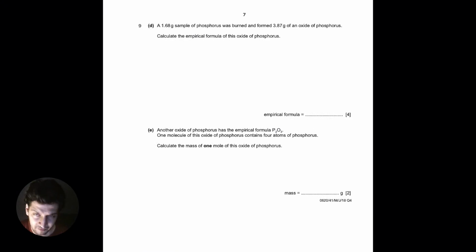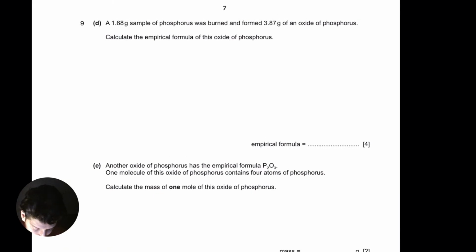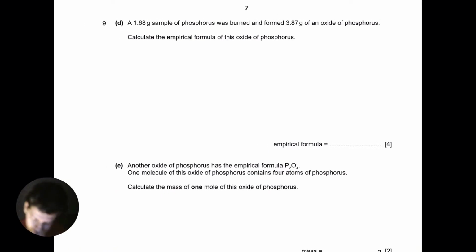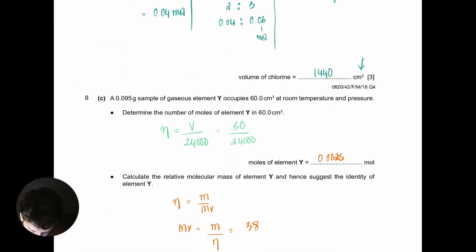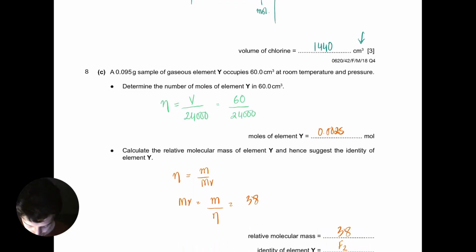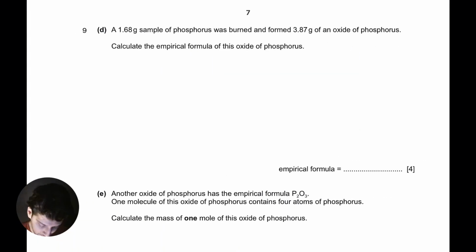How many questions do we have? I think we're halfway through. Oh, it's continuing? Phosphorus. Do they tell us anything about it? No. Okay. The phosphorus was burned and formed 3.87 grams of an oxide of phosphorus.